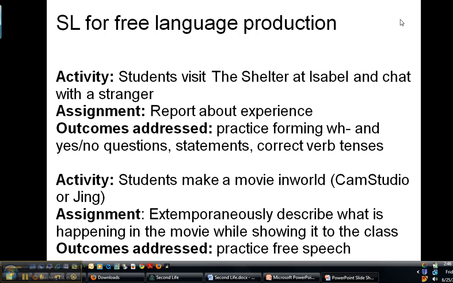This is a great activity for choreographing their language to something that's really happening. It's a little more complex than just reciting something, and it gets them to use a higher level of thinking, I think, than just memorizing.